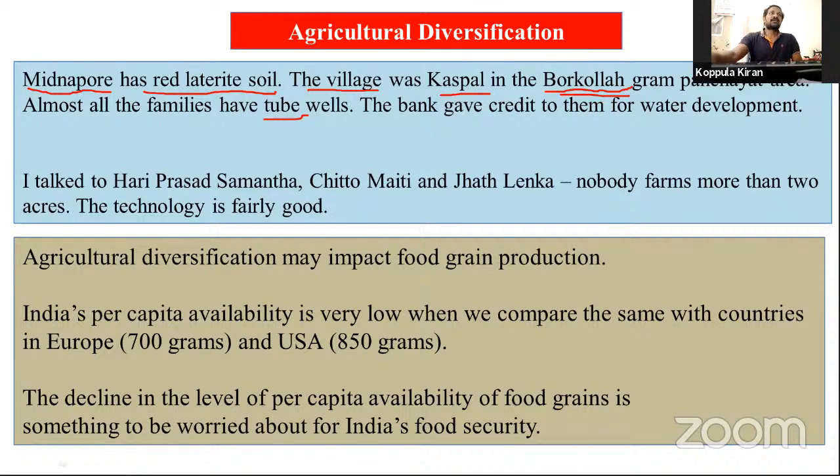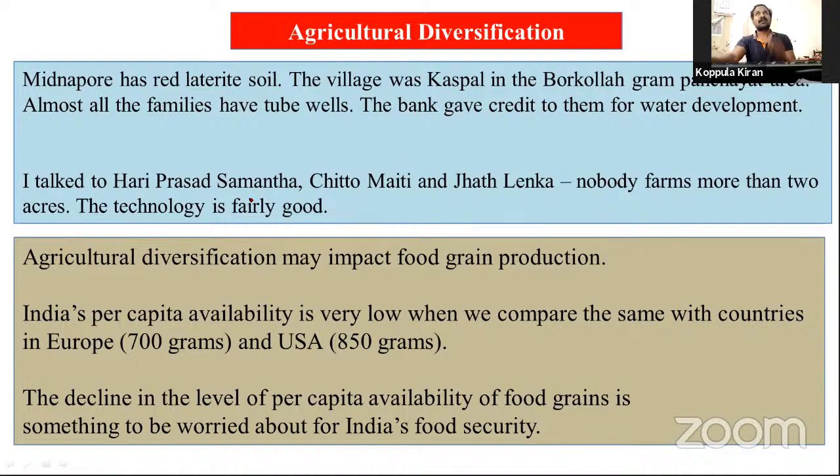This is very important for us, because other food items are being produced in one of the villages. This is very nice. See, in this agricultural diversification, they are changing the crop system.